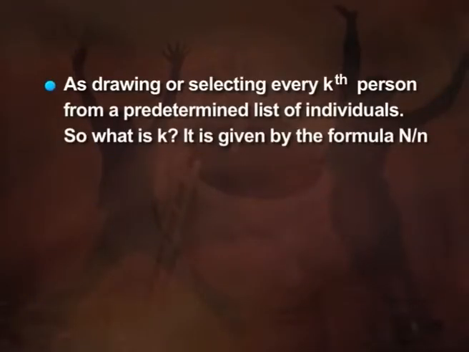The third technique of sampling under probability sampling is termed systematic sampling, and this may be defined as drawing or selecting every kth person from a predetermined list of individuals. So what is K? It is given by the formula capital N divided by small n.